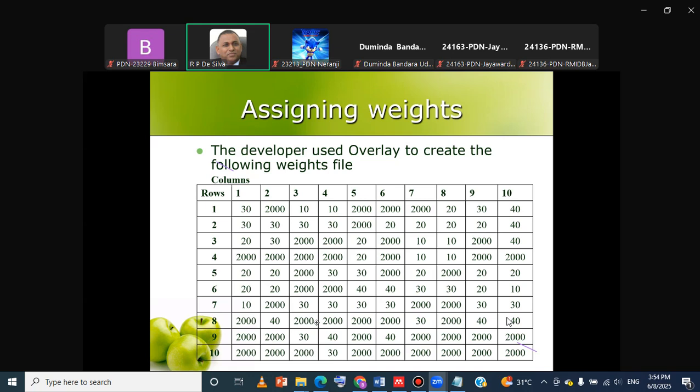Anybody? So definitely it's not local function, because we are not looking at one cell and then calculating, because we are looking at the other cells as well. Not focal function, because we are not looking at only the around 3 by 3 cell area. Not a zonal function, we don't define the zones as such. So it's a global function. That's a global function.